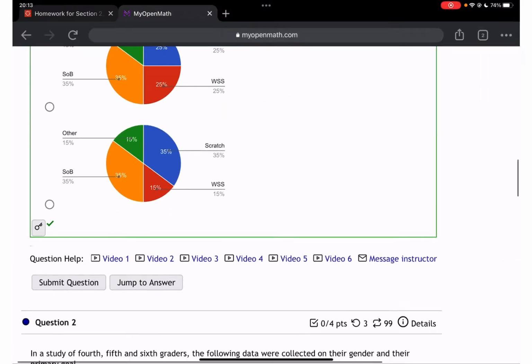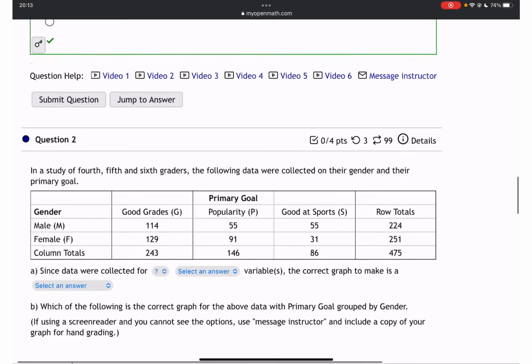Very good. Moving to question number 2. Let's see what we have there. In a study of 4th, 5th, and 6th grades, the following data were collected on their gender and their primary goal.